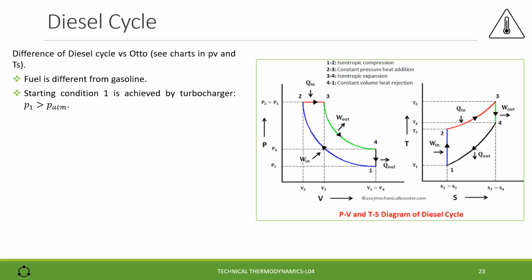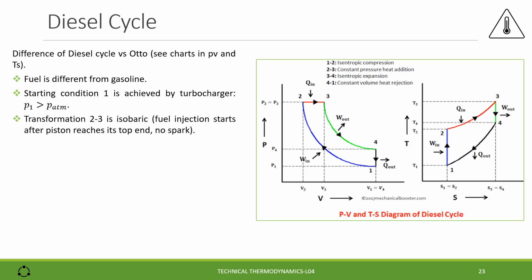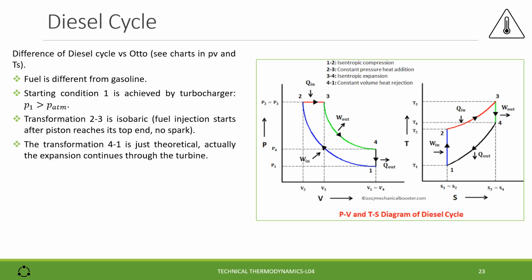The starting condition 1 is achieved by a turbocharger, and the pressure is generally greater than the atmospheric pressure. The transformation 2-3 is isobaric. The fuel injection starts after the piston reaches its top end and there is no spark. The transformation 4-1 is just theoretical because the expansion continues throughout the turbine.